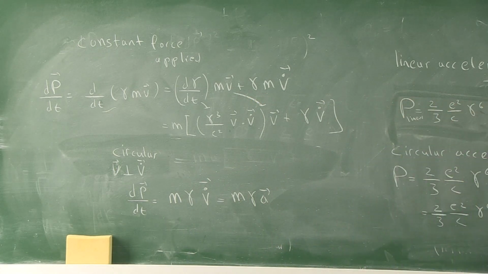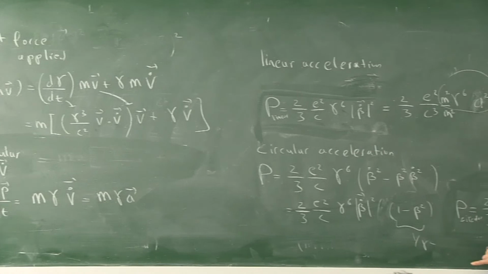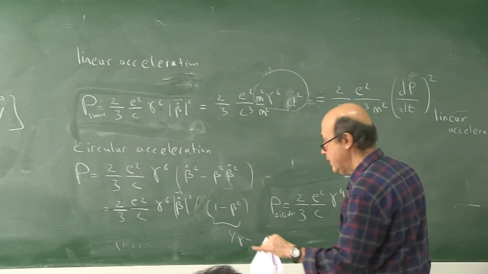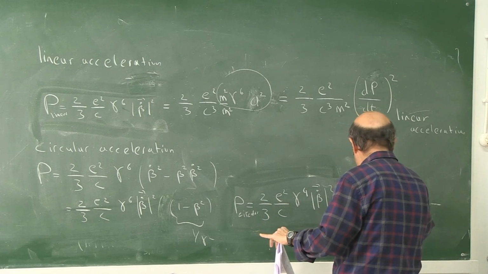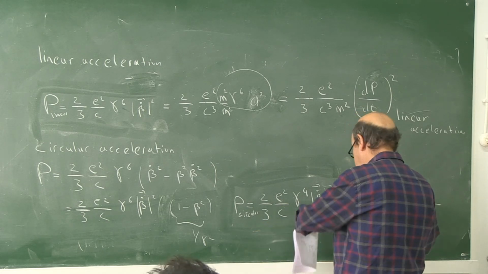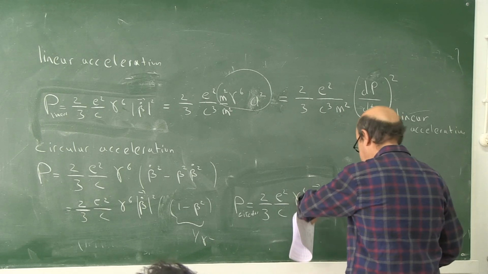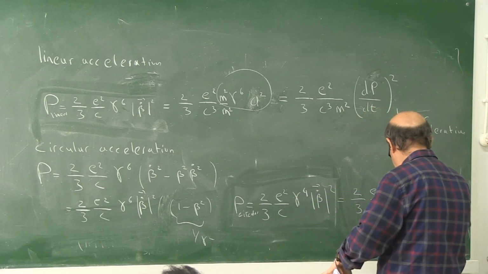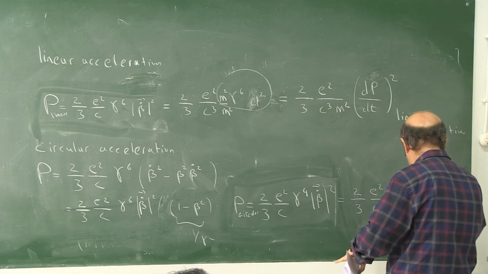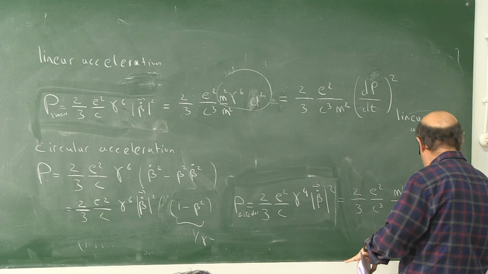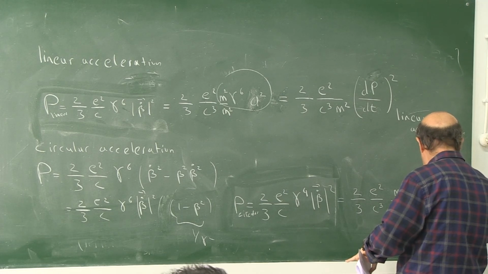So I told you that this is the total power for the circular case, and this is equal to 2 over 3 e square c cube multiplied by m square gamma to the 4 times the square of acceleration.